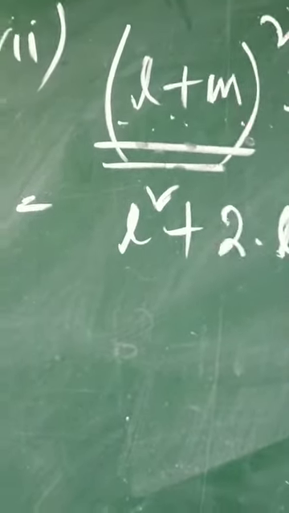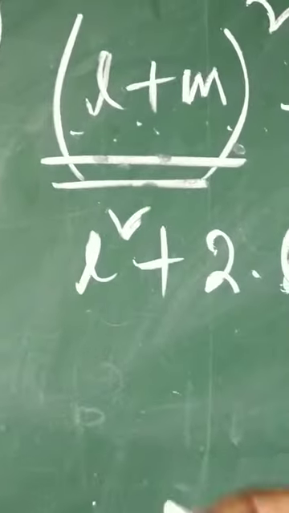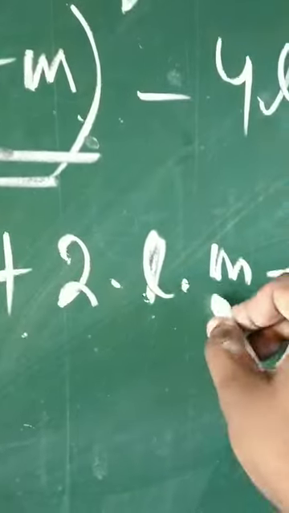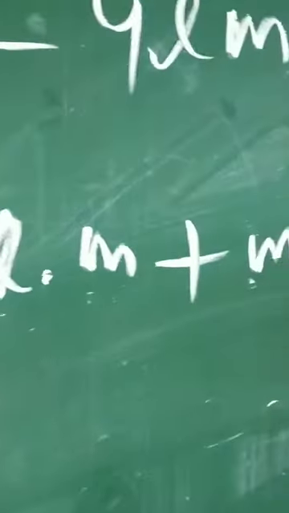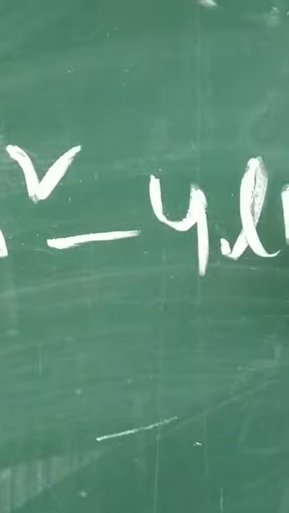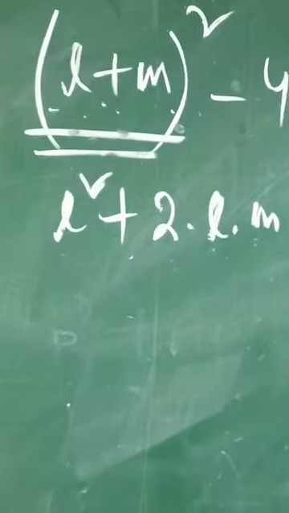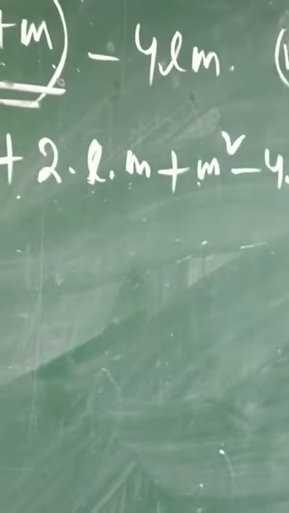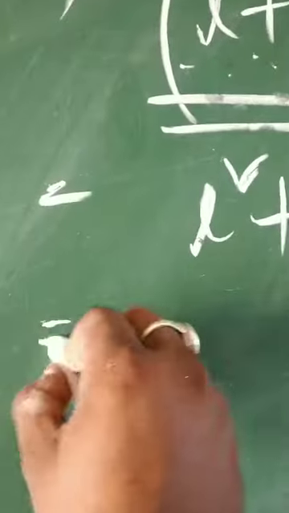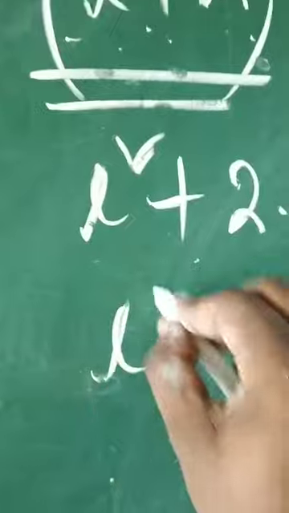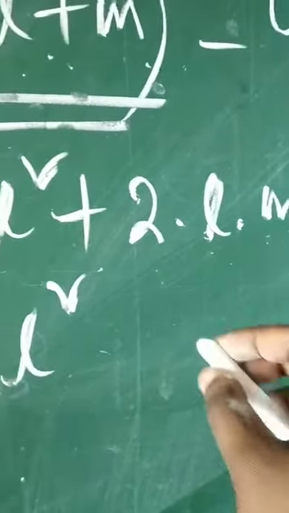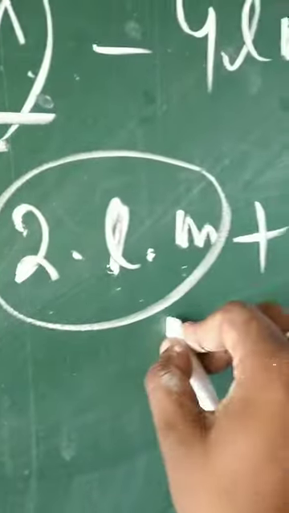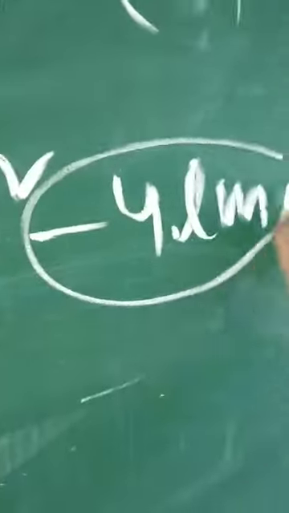So that is what we are going to write now over here. This is l square plus 2lm plus m square, and the next one is minus 4lm. It was as it is. So l square plus 2lm plus m square minus 4lm. Children, here we can see that if I write l square as it is, here is plus 2lm and there is minus 4lm.